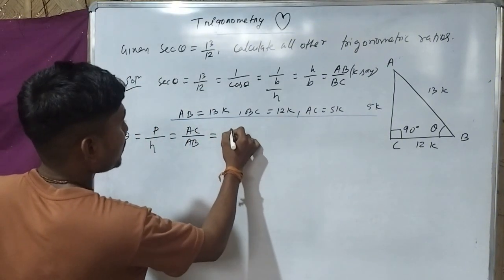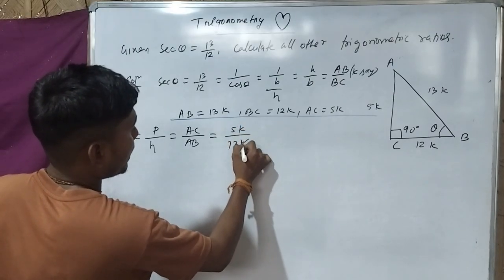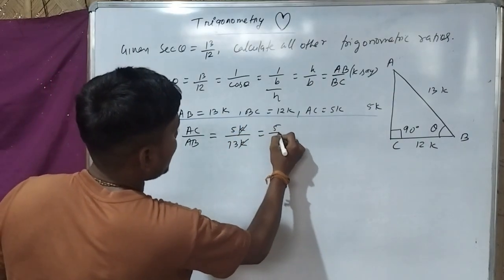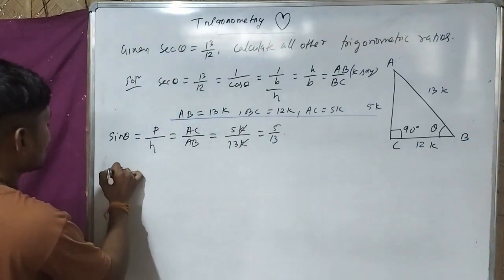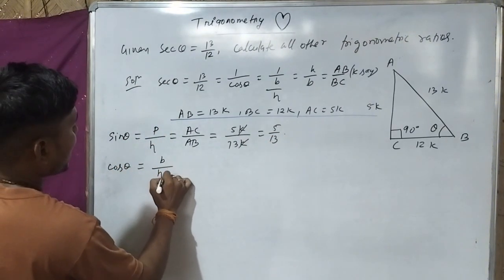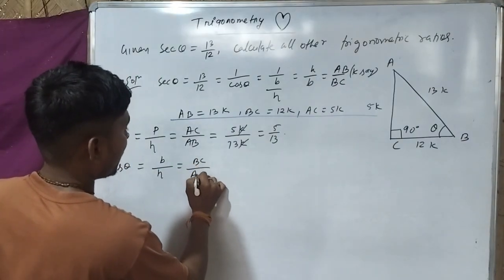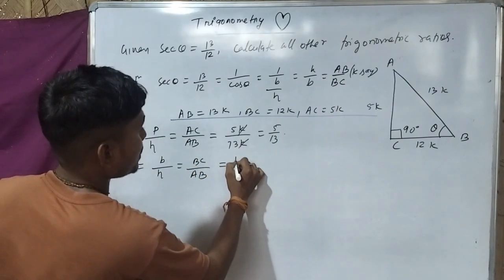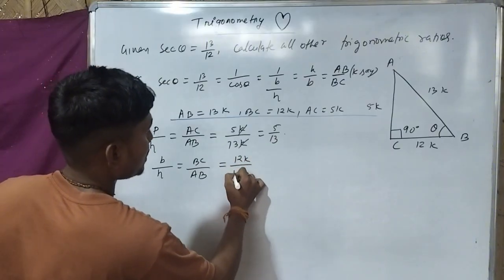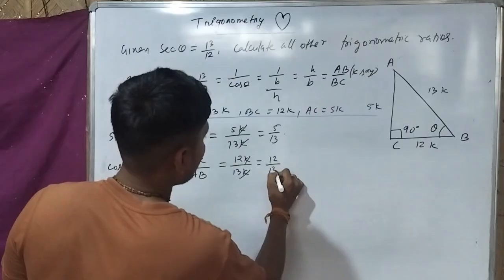So AC is 5k and the hypotenuse is 13k. K cancels, and 5 by 13 will be your sin theta. Now cos theta. Cos is base by hypotenuse, so BC by AB. BC is 12k, the hypotenuse is 13k. K cancels. You will get 12 by 13.